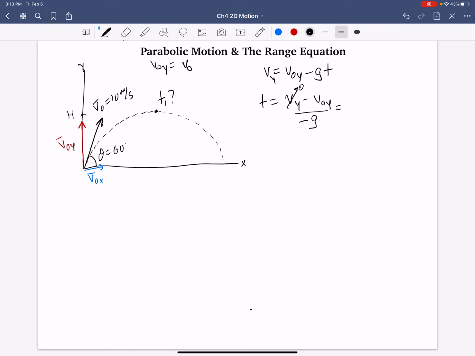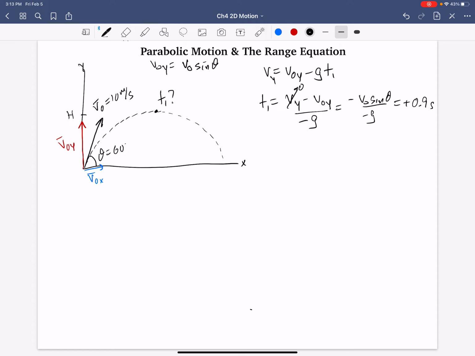So that's the magnitude v naught times sine of the angle. All right, and so now we know everything here, as stated in the problem. And so if you were to plug those numbers in, you should get positive 0.9 seconds, okay? So that would be the time, say, t1.